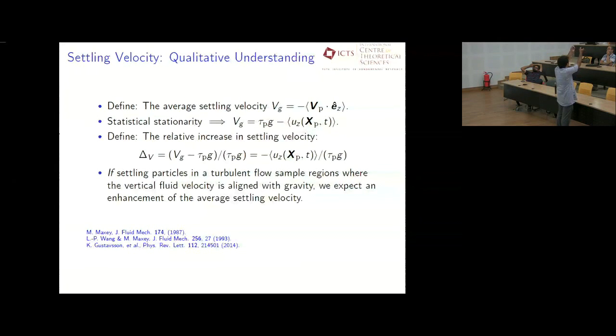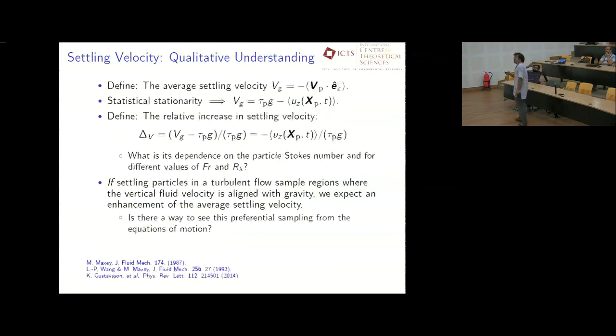So you have a particle of this size, there's gravity g, so you fall with the terminal velocity tau p g. All right? If there is turbulence, etc., you're typically not likely to fall with tau p g, but with some other velocity v g. All right? And the idea is to figure out if one can estimate what this difference in velocity is.